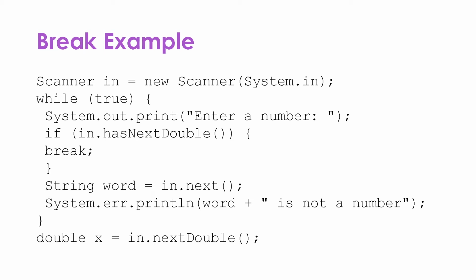If in.hasNextDouble, so if it is a double, we're going to break, and that's going to break us out of this while loop. Otherwise, we're going to take whatever value is in there, use the next method to pass it through to a string, and then print that error out and say that this word is not a number.